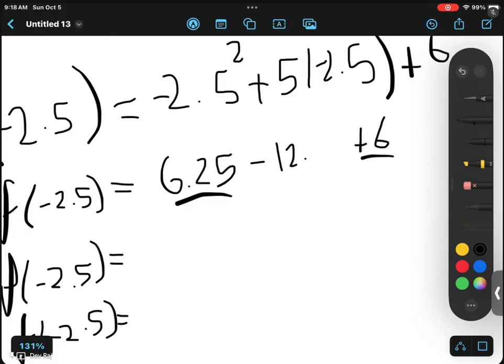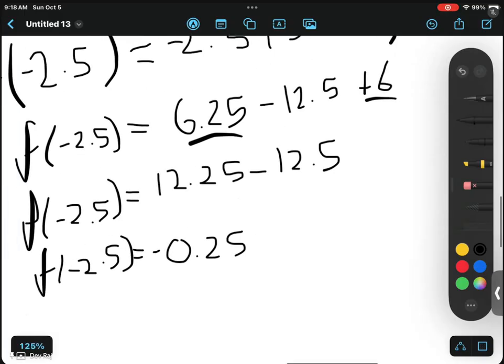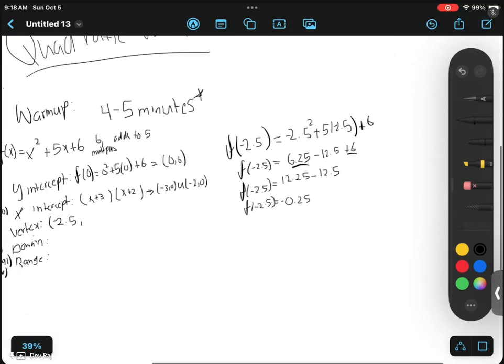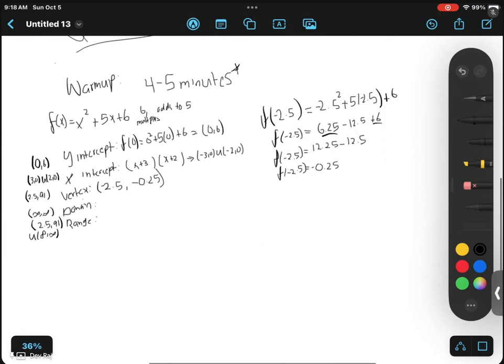It's 12.5, right? So this just becomes 12.25 minus 12.5, which makes this negative 0.25. Okay, are we clear on that?